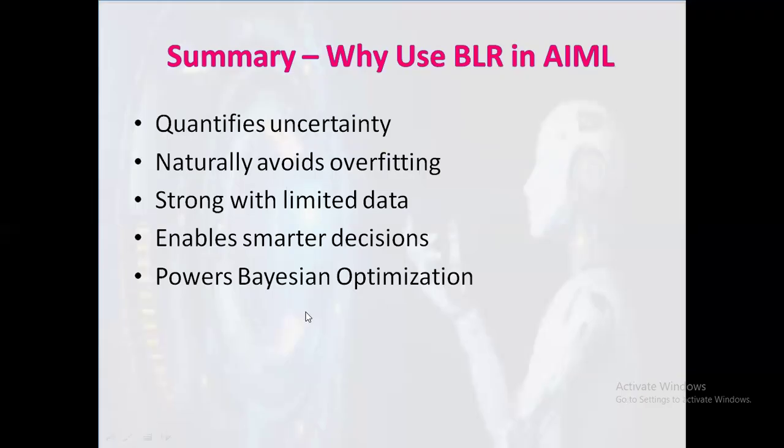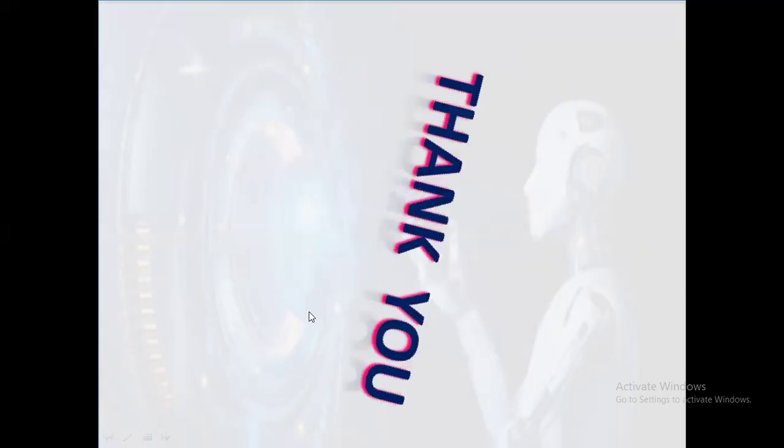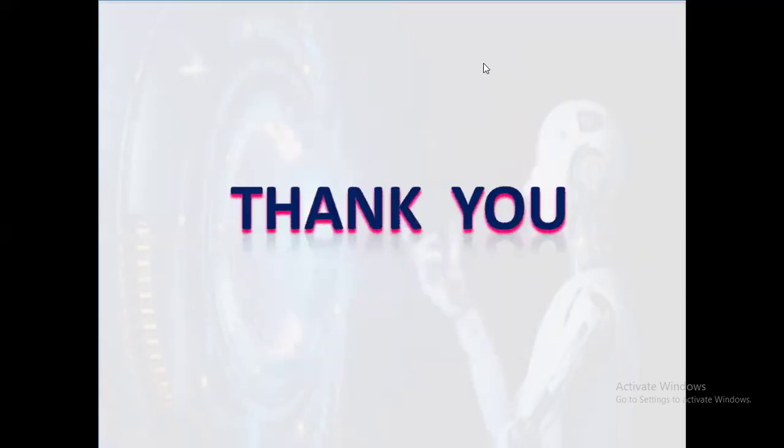It is robust, interpretable, and capable of guiding optimization and active learning processes effectively. These strengths make it an essential tool for modern AI and ML systems that demand not only accuracy but also reliability and transparency. Hope everyone understood what BLR is, and the difference between traditional models and the probabilistic BLR. The remaining things we'll discuss in the next lecture.